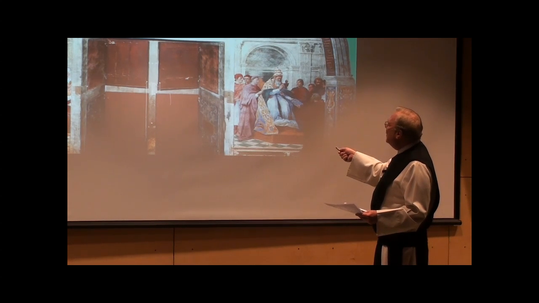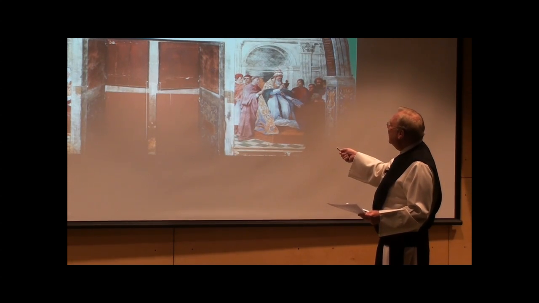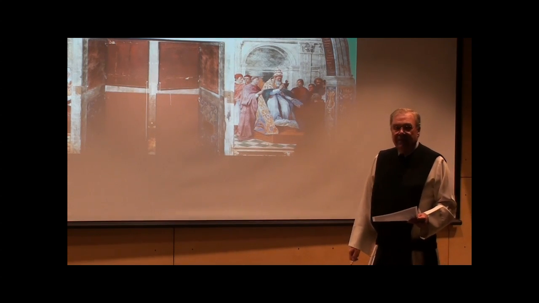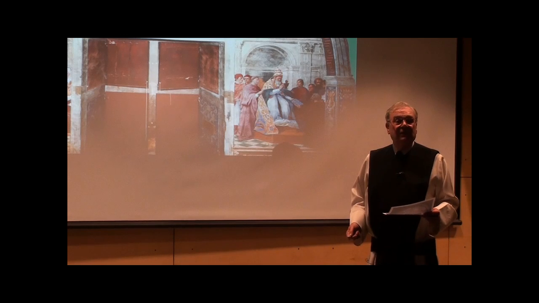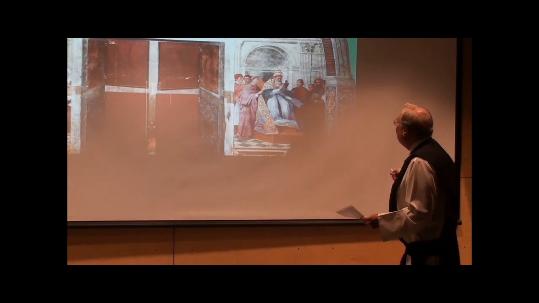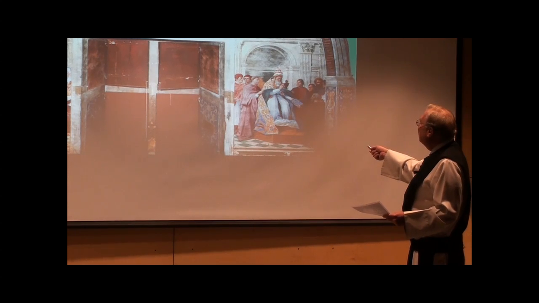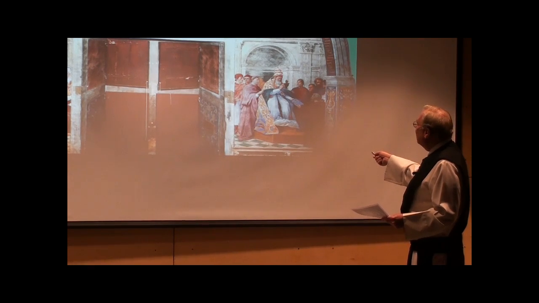And she is looking in a mirror, a mirror held up, assisted by an angel. That is self-knowledge. In other words, looking in a mirror to gain self-knowledge. So you have temperance, and you have then the self-knowledge, and then with faith and hope.